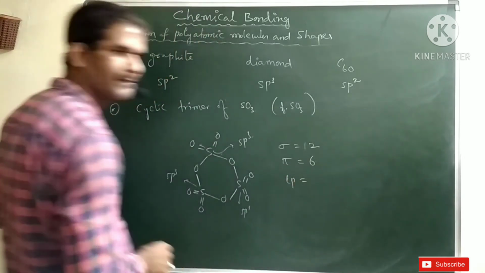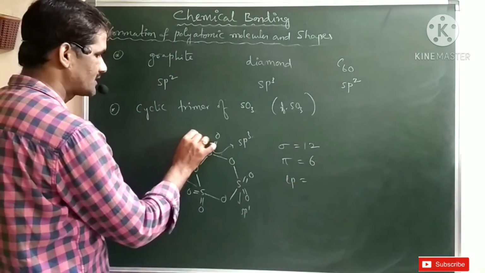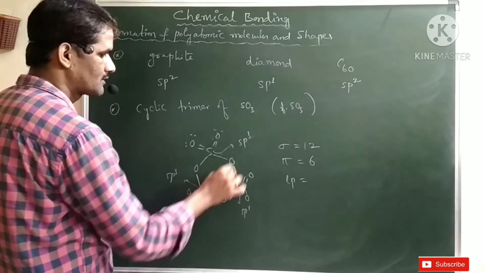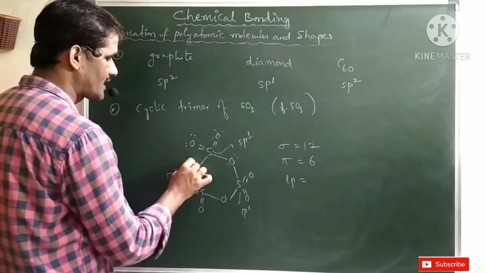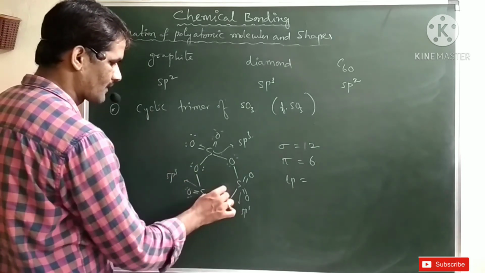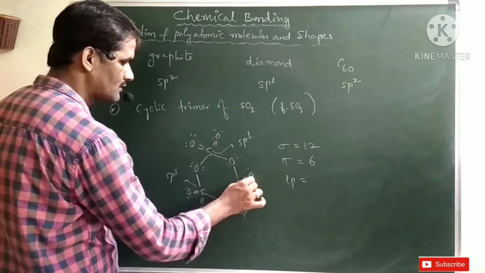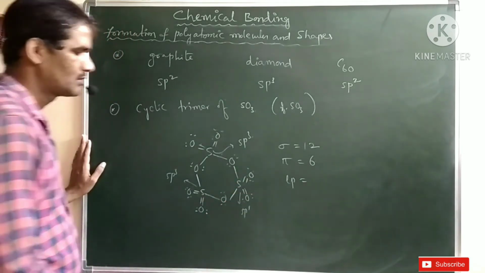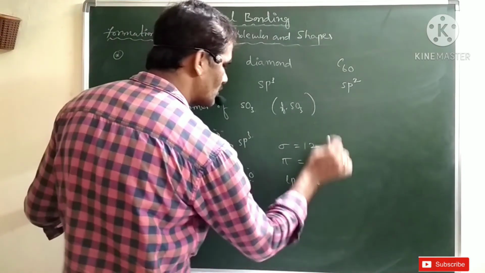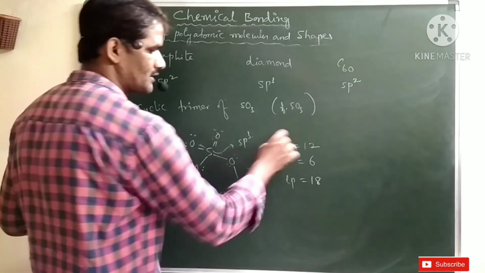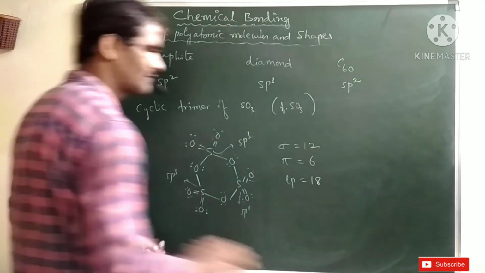Again, if you see the lone pairs, this oxygen carries 2 lone pairs, and this also 2 lone pairs, and each oxygen here is carrying 2 lone pairs. We have total 9 oxygens, and 9 into 2, total 18 lone pairs will be there. And this is the sigma, pi and lone pairs in cyclic trimer of SO3.